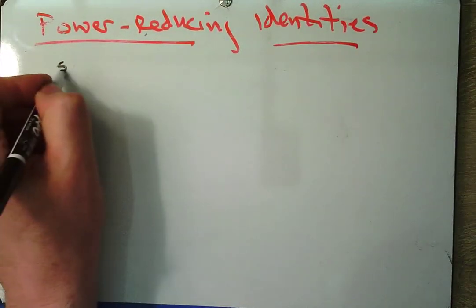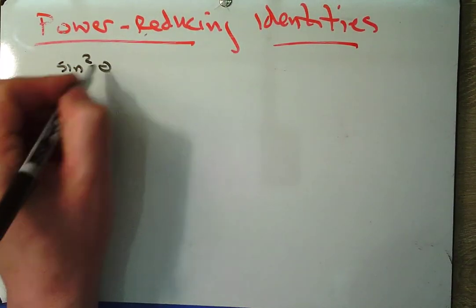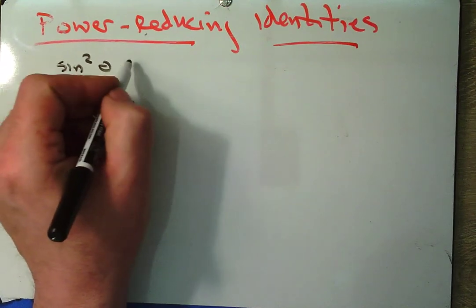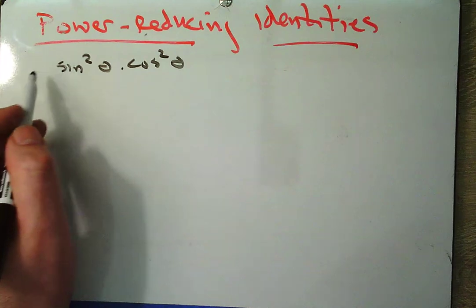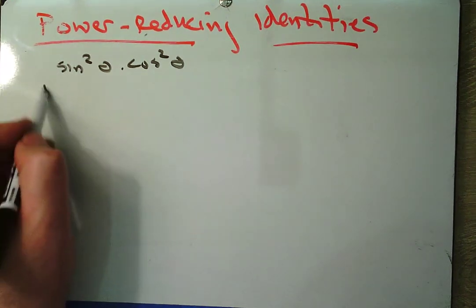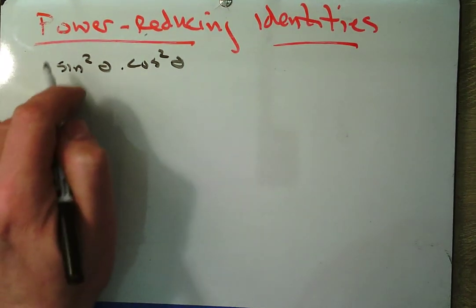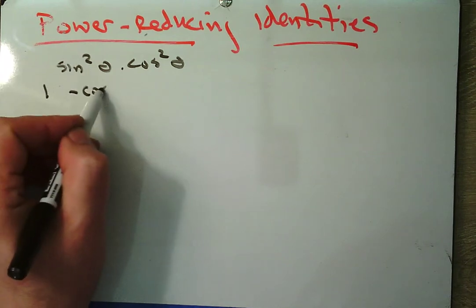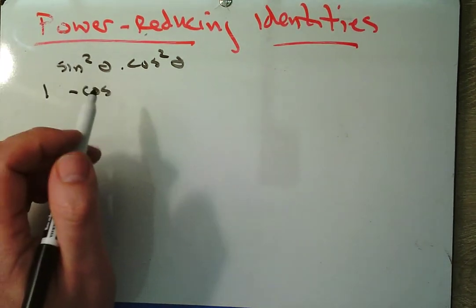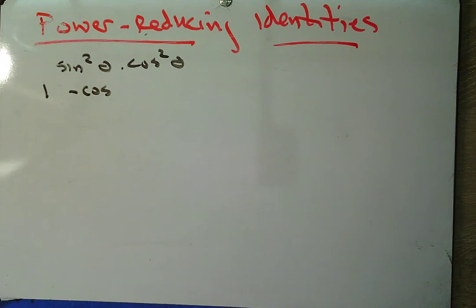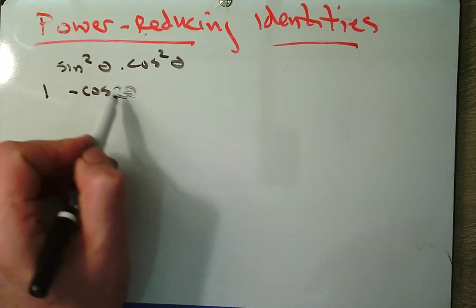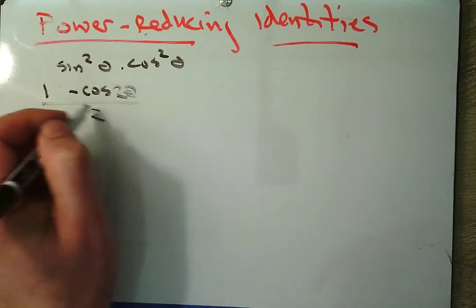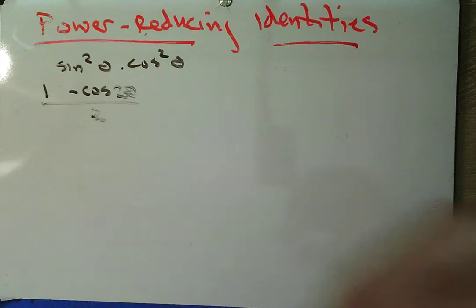How about sine squared theta times cosine squared theta? Well, I know with my power reducing identity that that's 1 minus cosine 2 theta over 2, I fear my marker's running out.